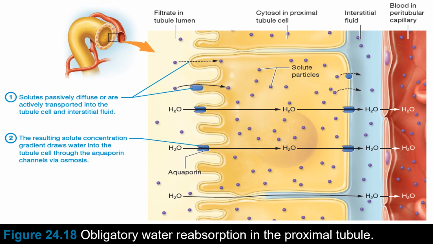This creates a concentration gradient that's going to favor their diffusion into or between the proximal tubular cells. If you notice in this process, active reabsorption of solutes is going to stimulate further reabsorption of water by osmosis. And as water continues going up, it's going to stimulate more passive reabsorption.